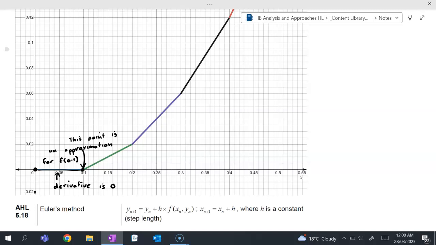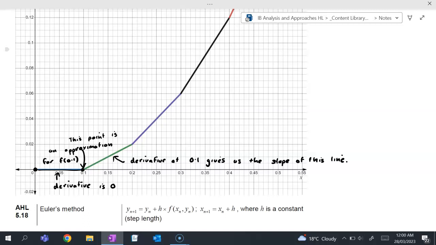Now after that, we draw this next line, and the derivative at 0.1 gives us the slope of this line. So we calculate the derivative at 0.1 and we say, okay, that's roughly how the graph is increasing between 0.1 and 0.2.